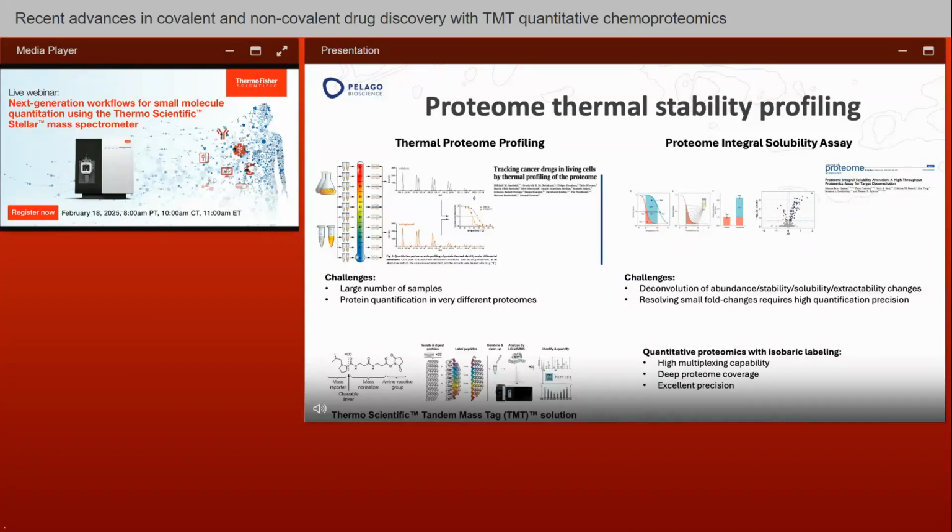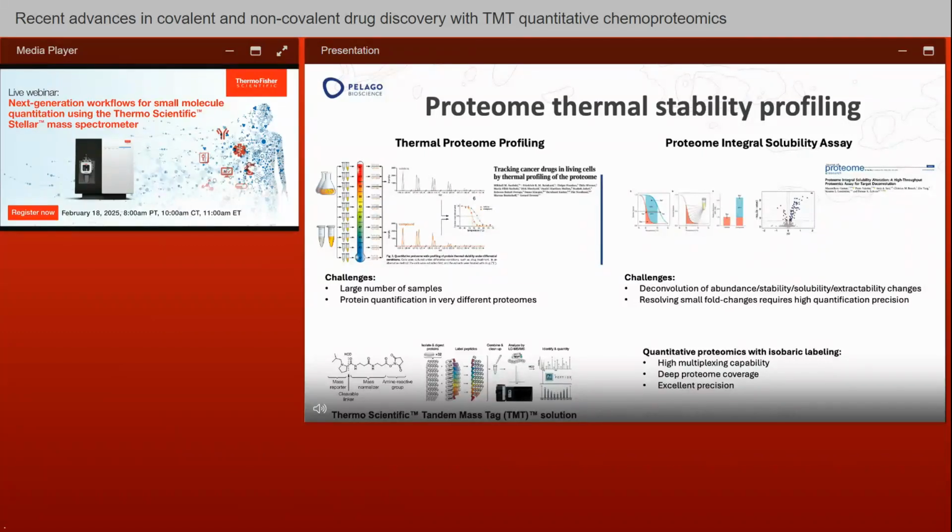For instance, observed compound-induced changes can be driven not only by changes in protein stability, but also by changes in solubility, protein abundance differences due to the incubation, or extractability given the specific protein extraction condition. Another challenge here is that the fold changes in this approach are relatively low, and in order to resolve such low fold changes, one needs really high precision quantification.